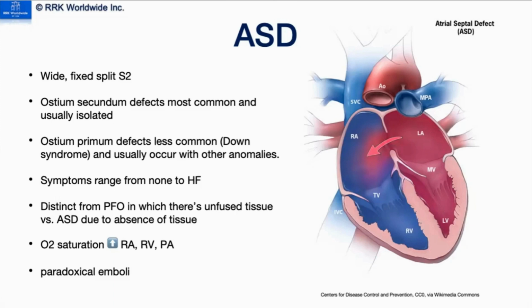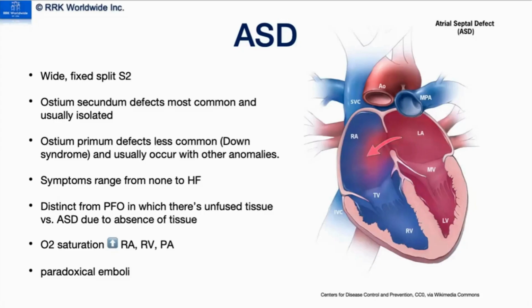Usually it's ostium secundum, which is the most common one. Ostium primum defects are less common, although they can happen in Down syndrome. It's a defect of the ostium primum or ostium secundum to form. Symptoms range widely from none to heart failure.